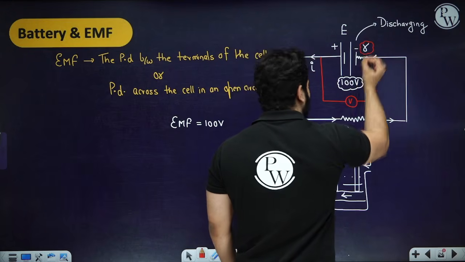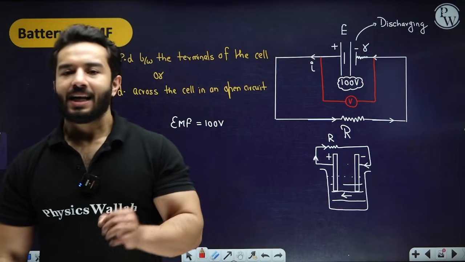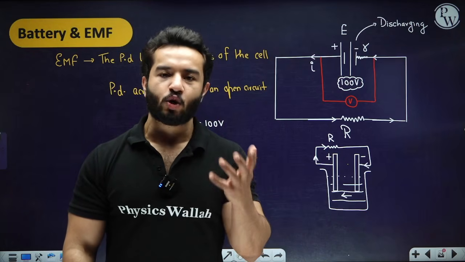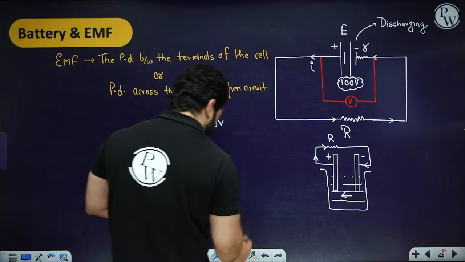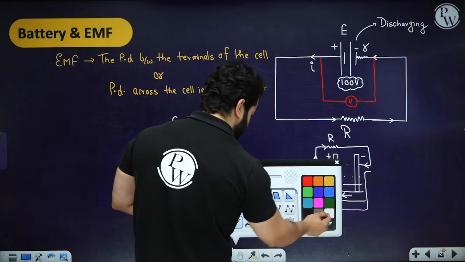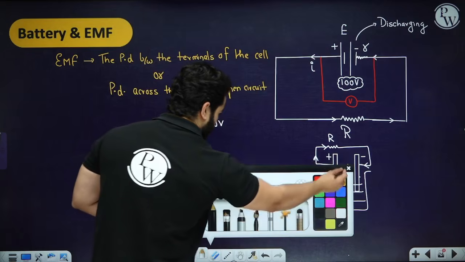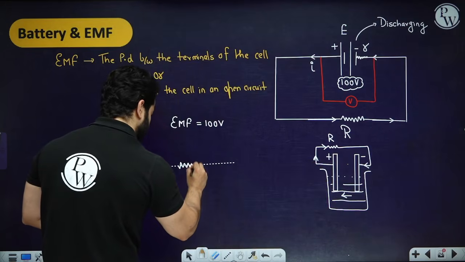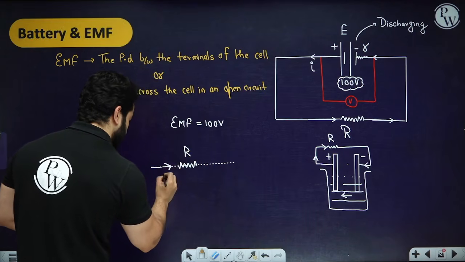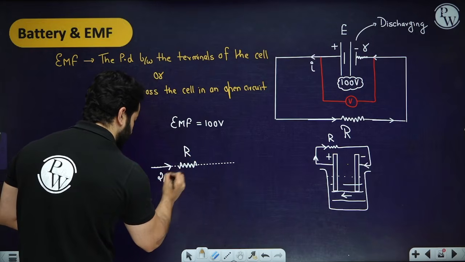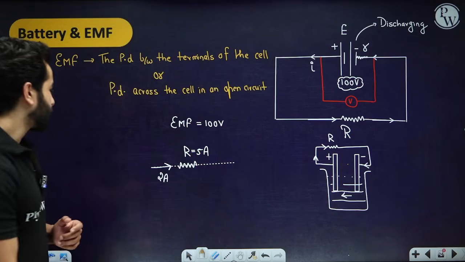Now first let's understand what we mean by potential drop, right? And even before that, let's understand what electrical appliances use. If you have got a resistance something like this, and current I is flowing in this direction, and let's say the current is 2 ampere and the resistance is 5 ohm. Let's just take an example.